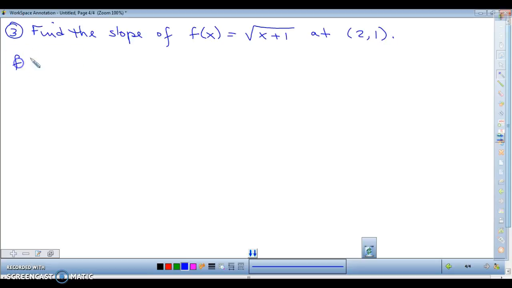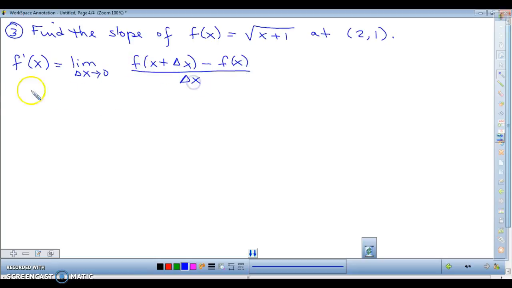Okay, so let's find our derivative by using this limit process. So the limit as delta x approaches 0 of f of x plus delta x minus f of x all over delta x. So we're going to plug in, in the place of this x right here, x plus delta x.